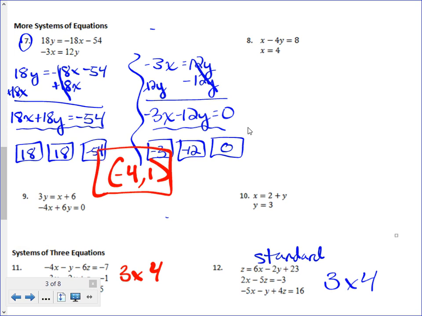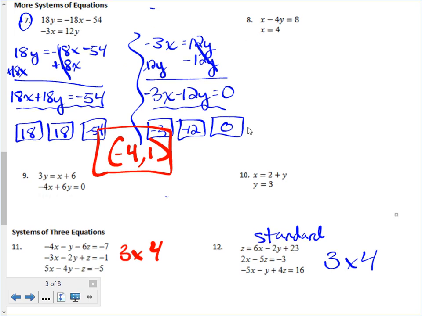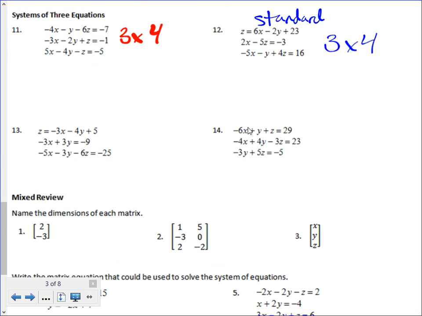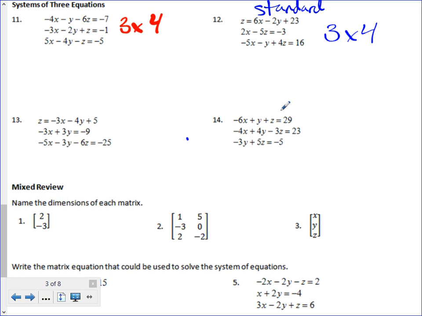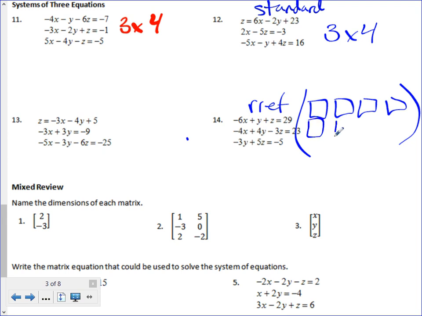Great. Let me answer that question right now. I was going to wait till later, but since you asked, I'll say now. Say you can't, for some reason, quite get done in the next 10 minutes, which you should be able to. On these other ones here, what I want you to do is just draw the boxes yourself. So put R, R, E, F, parentheses, 4 columns, and fill them in for me.